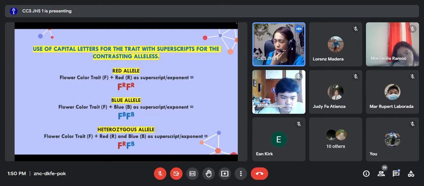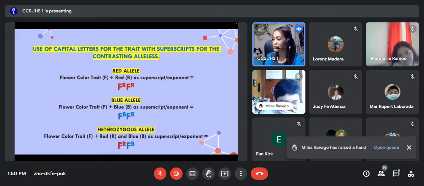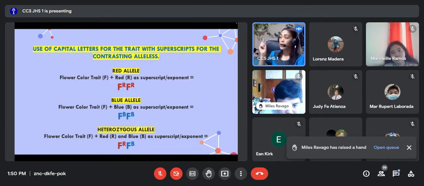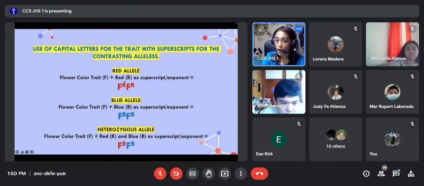Okay, question. Yes, Miles. The red allele and blue allele keep repeating: FR, FB, FB. Well, it's homozygous. Remember, in a genotype, they are written as a pair. So this is one.